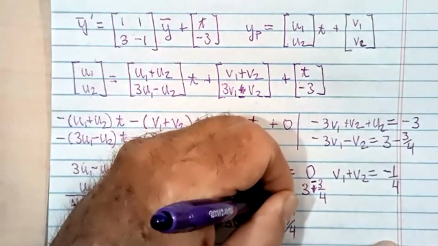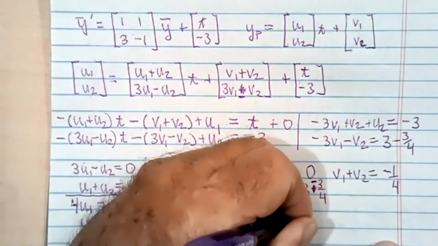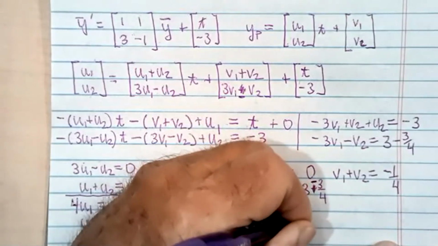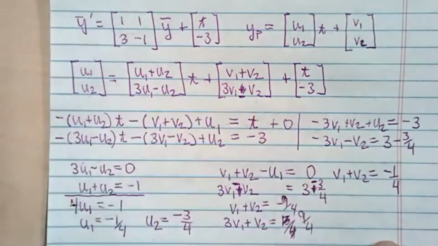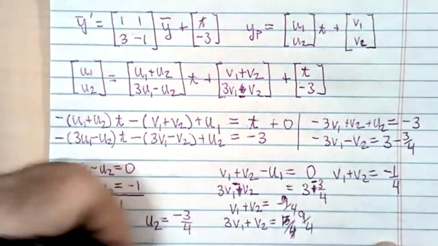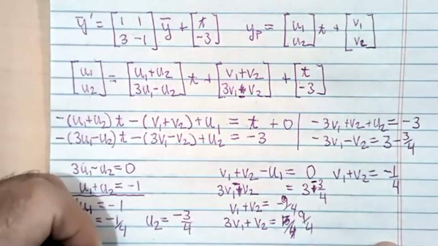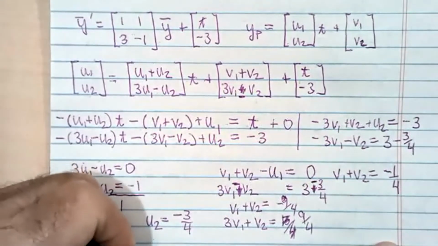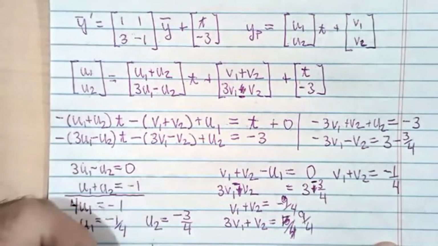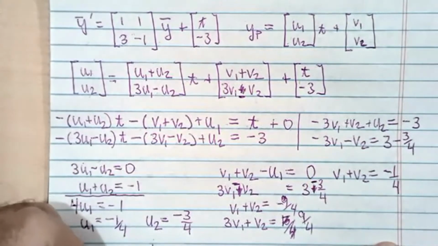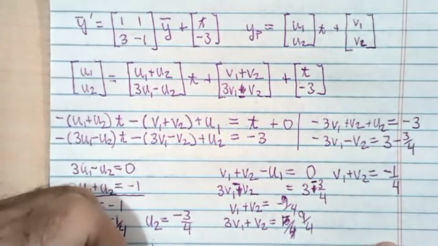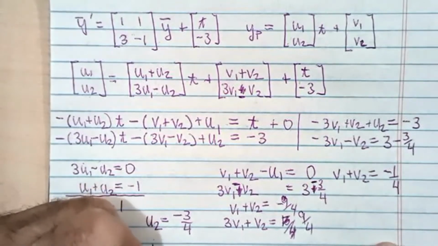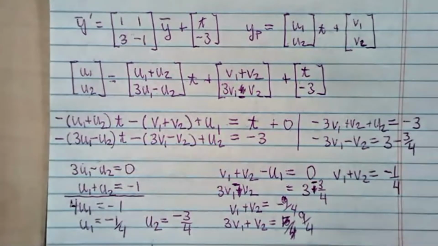Whoops, I'm on the wrong one. So v1 plus v2 equals minus 1/4, and 3v1 plus v2 equals 9/4. Okay.